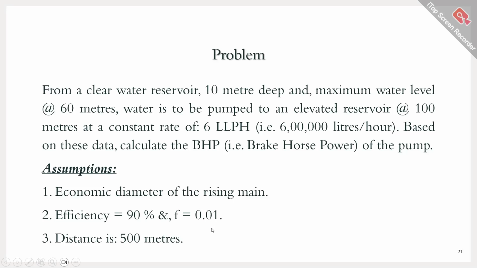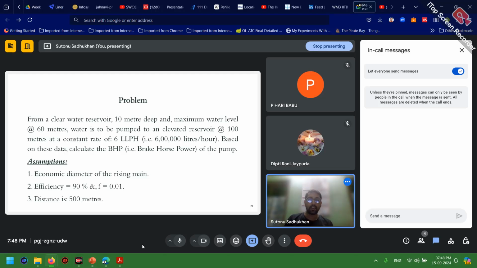It is given as 0.01 and distance is given as 500 meters, which is the capital L. Based on this data, you have to calculate the brake horsepower. Please take copies and pens with you, both of you, and just try to calculate this problem. I'll wait for a couple of minutes.